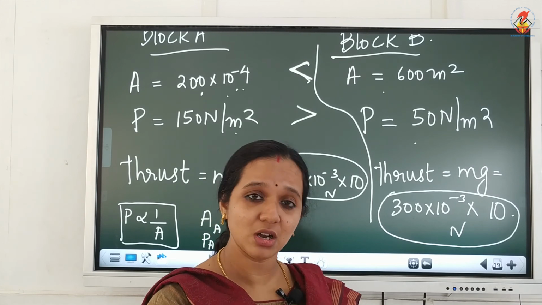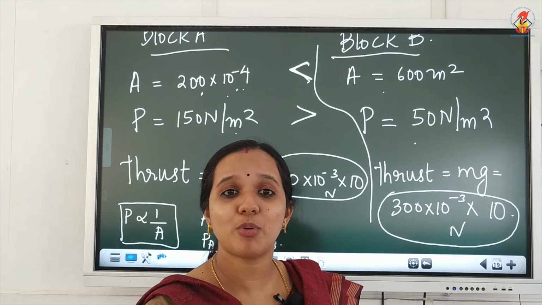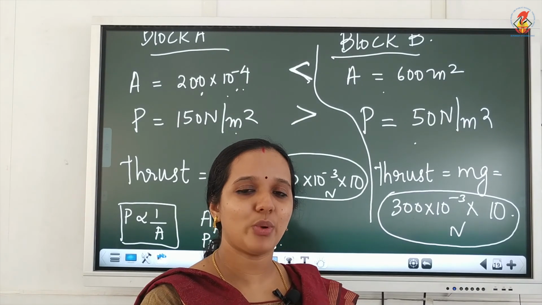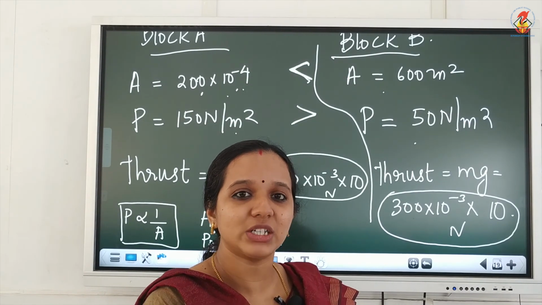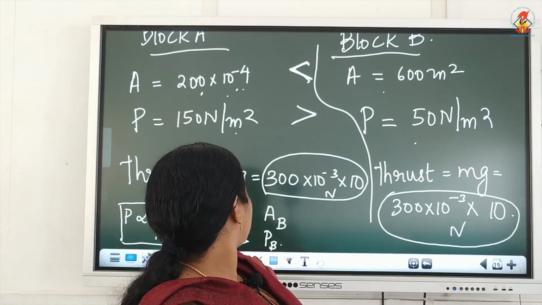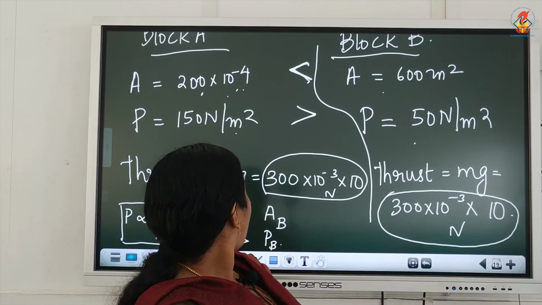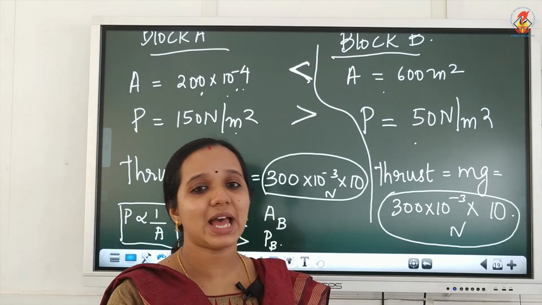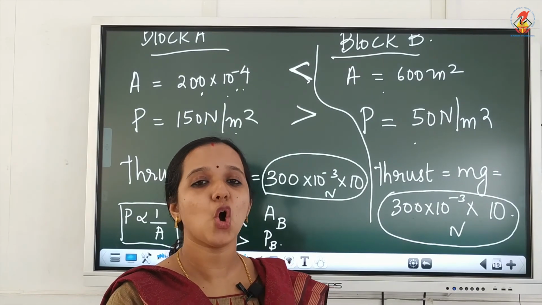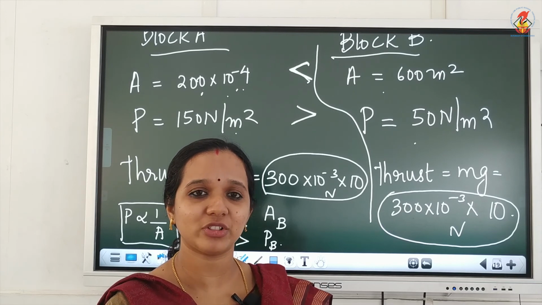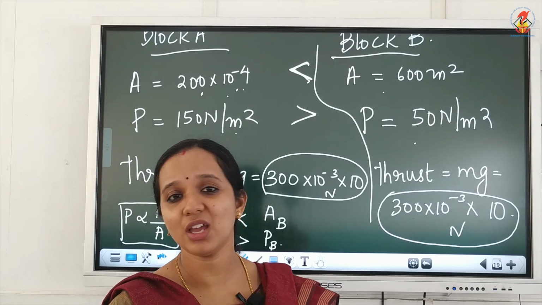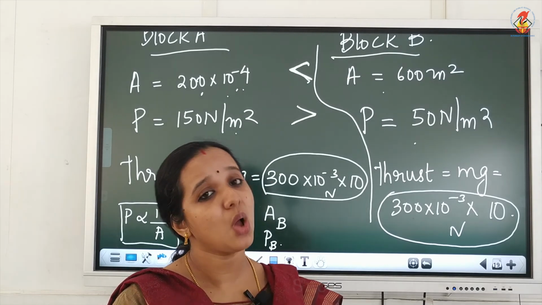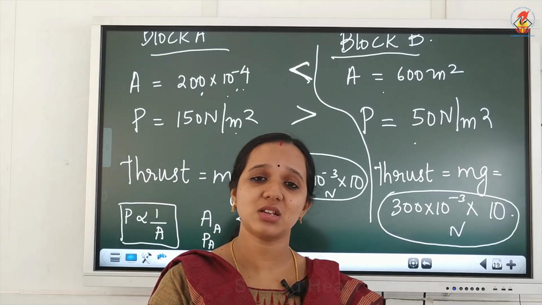But pressure depends upon the position of the object placed. When the block was placed vertically, it exerted a higher pressure than when the block is kept horizontally. So pressure depends upon the position of the object, while the thrust doesn't.